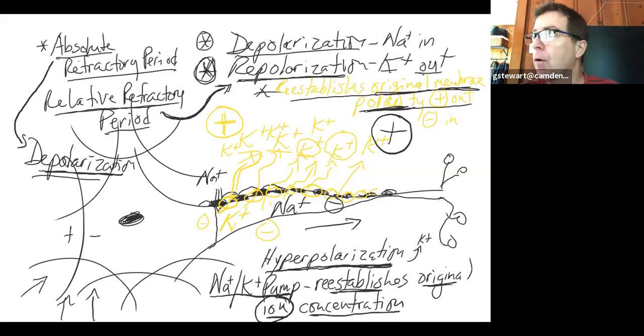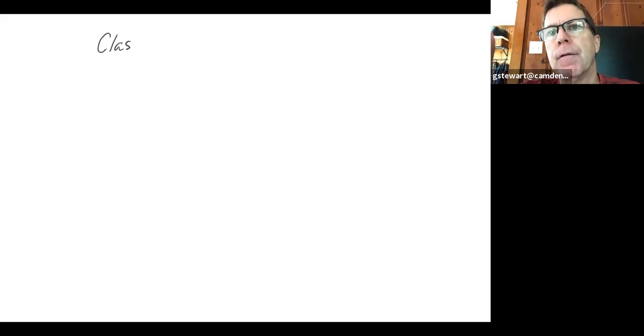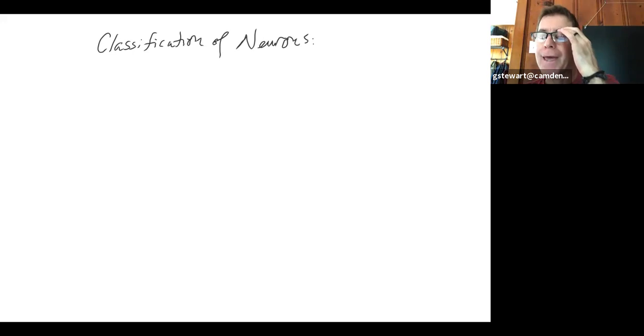All right, I know you have time. You can rewatch this a million times if you still need to digest that. It's a lot, but I need to move on quickly to classification of neurons. We classify neurons both anatomically, structurally, and functionally, physiologically.